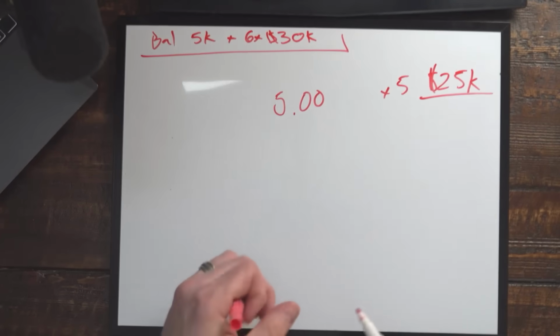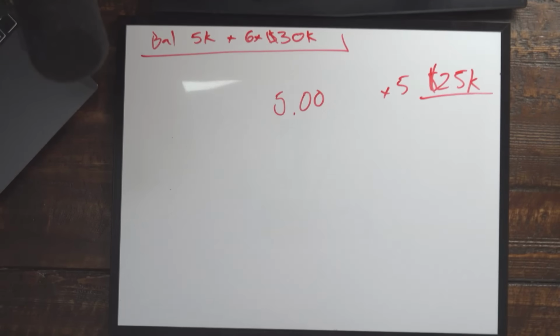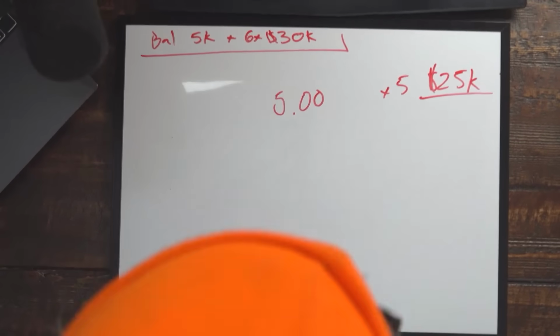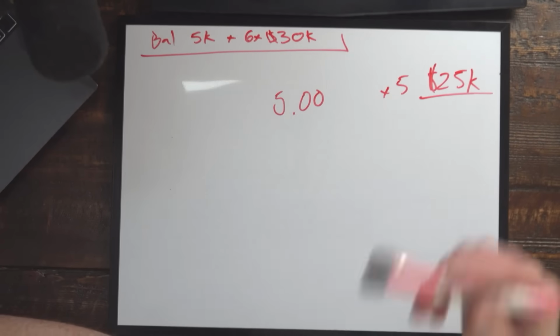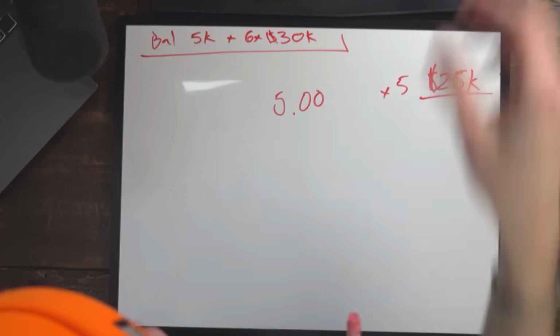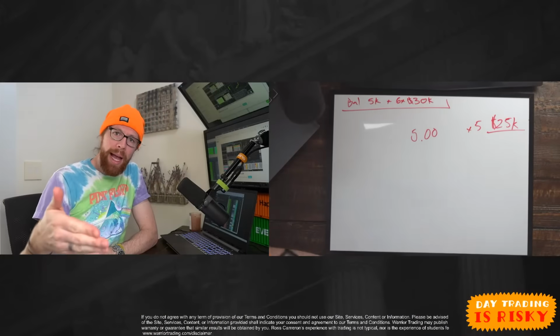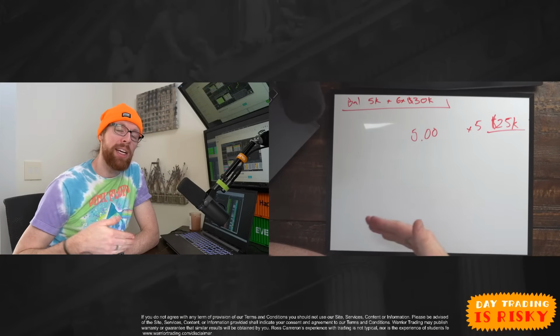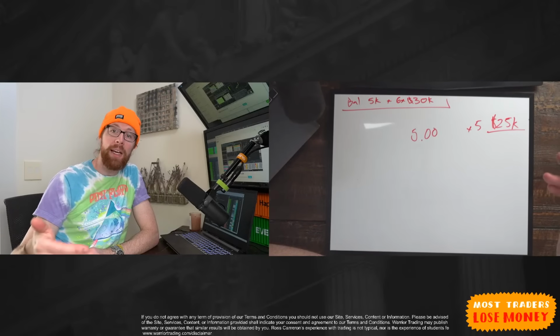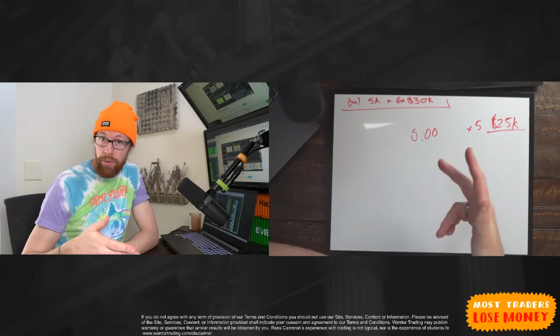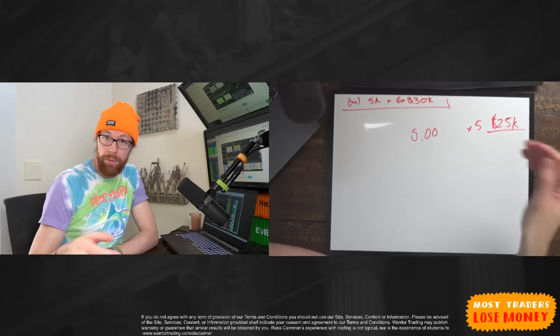Now, why would a broker let you day trade with borrowed money? It's really simple because the broker wants you to trade more shares. The more shares that you trade, the more commissions that they make. For brokers that sell order flow, they can sell your order flow based on shares.